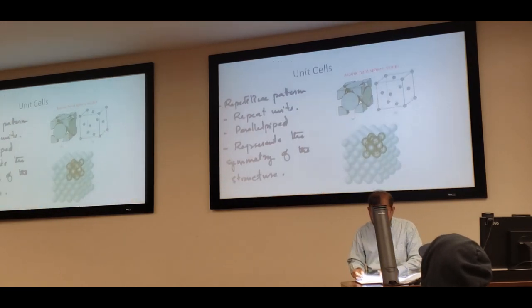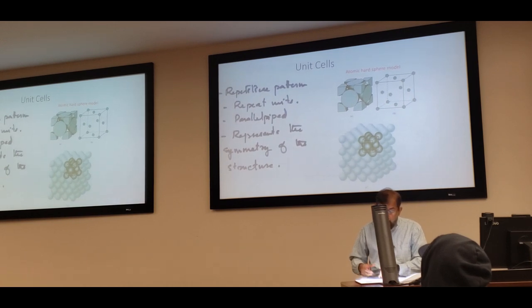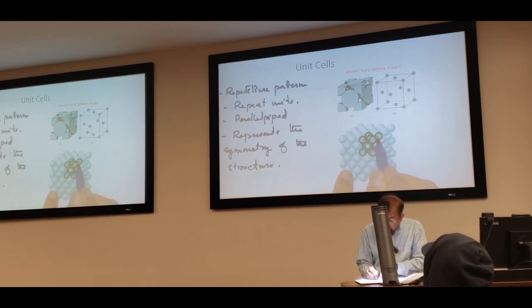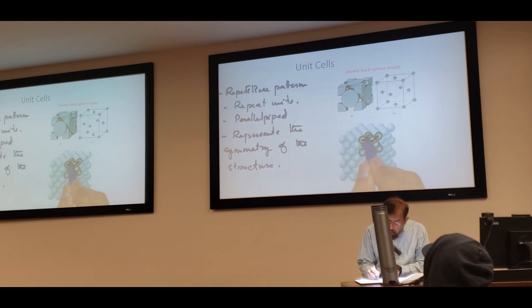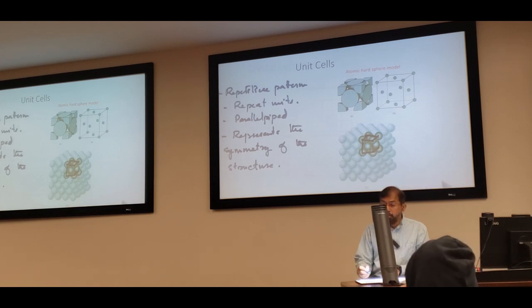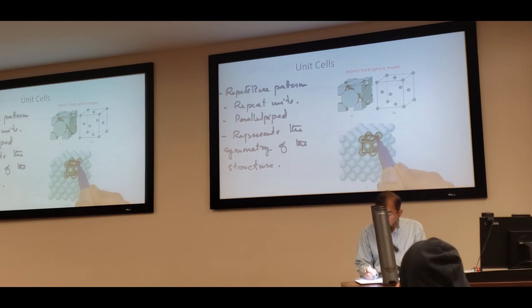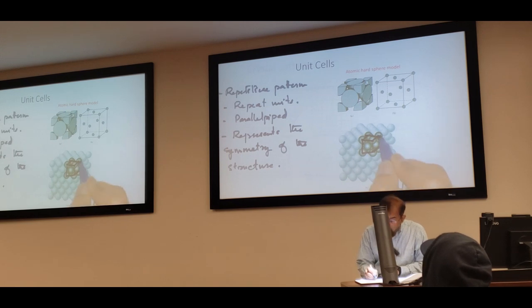And also remember, if you look at this one, here is a unit cell. The whole thing is the unit cell. And you look at this corner: it is at the center of an atom here, right?